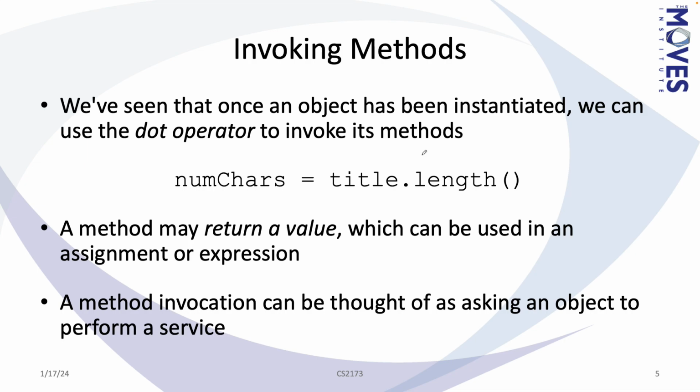The instance variables are the data, and the methods are the behavior. So in this particular case, this num_chars would have to be an int. Here's a method on the string class called length. And notice that I forgot the semicolon.